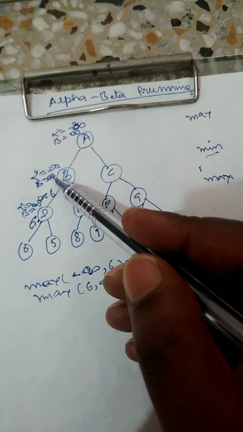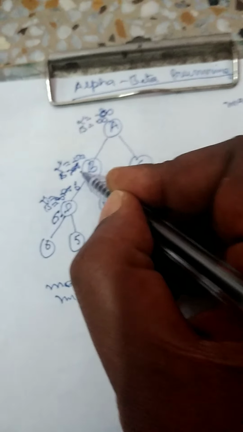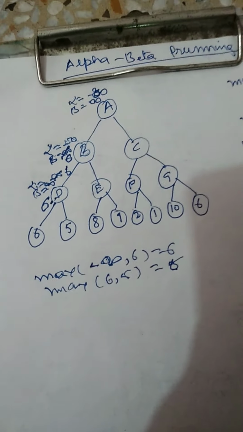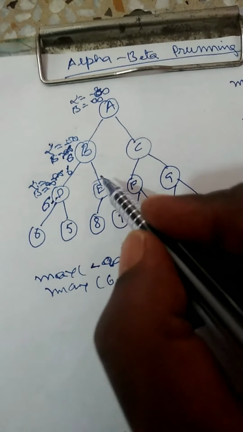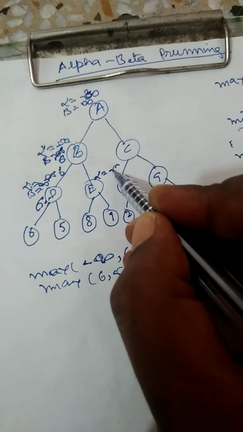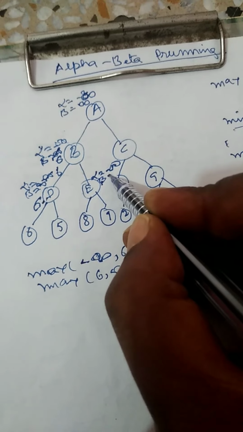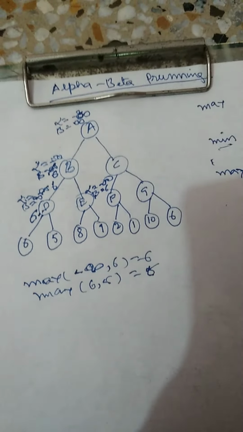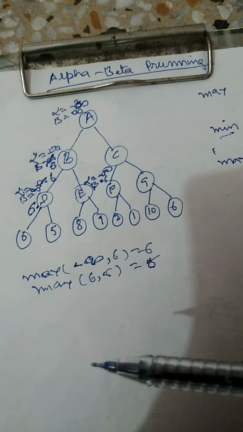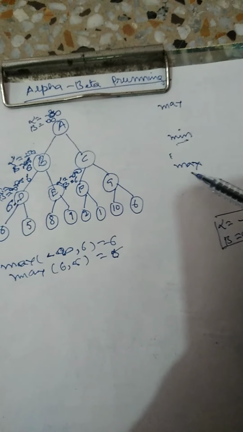Its value is 6, so beta gets the value 6: alpha equal to minus infinity, beta equal to 6. Now this is the maximum case.